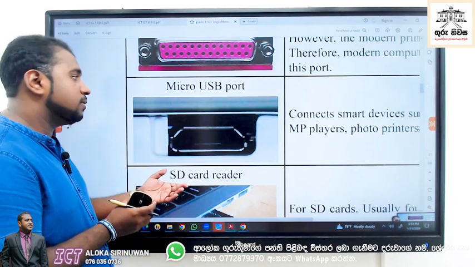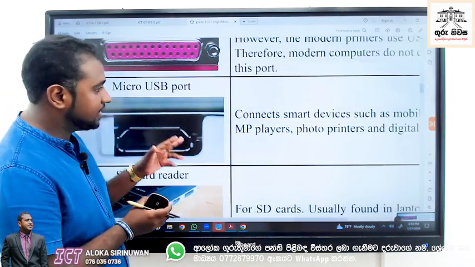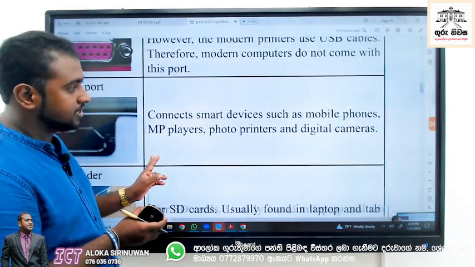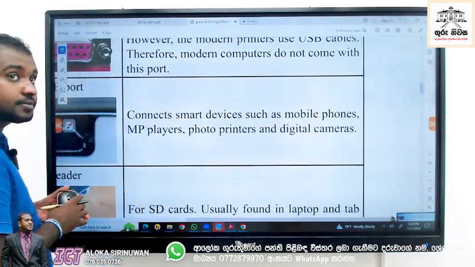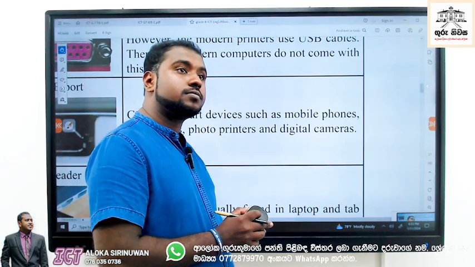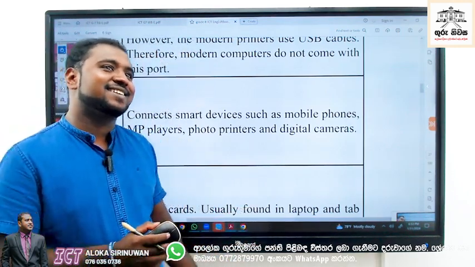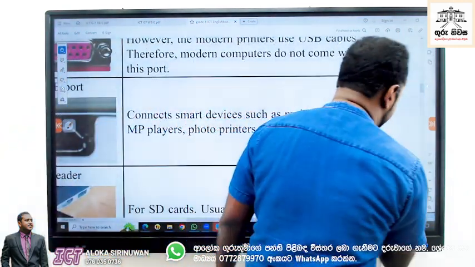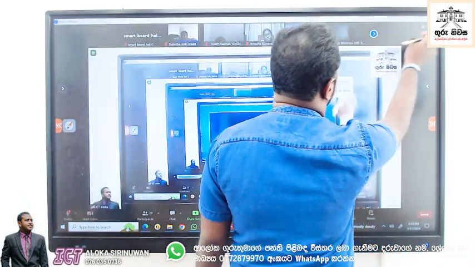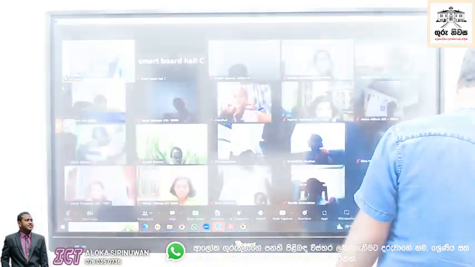Right, everyone, underline that sentence. Wait, Imasha is showing it. Come here. Look at Imasha's screen.